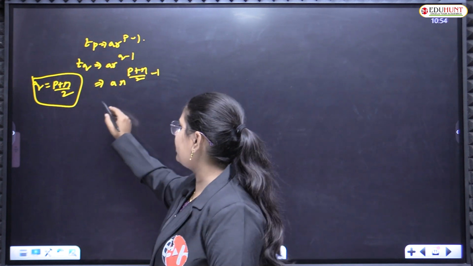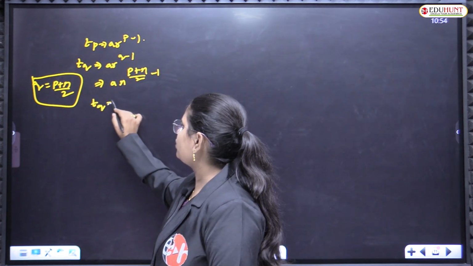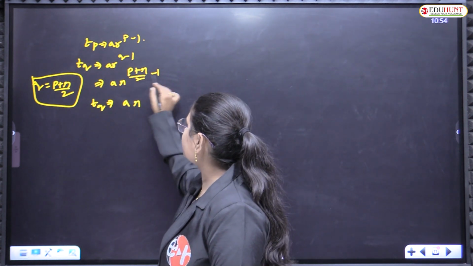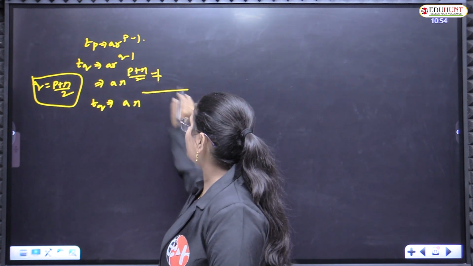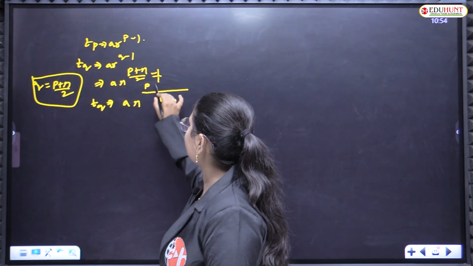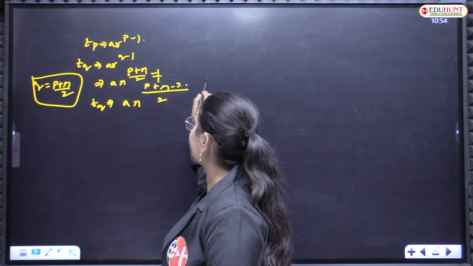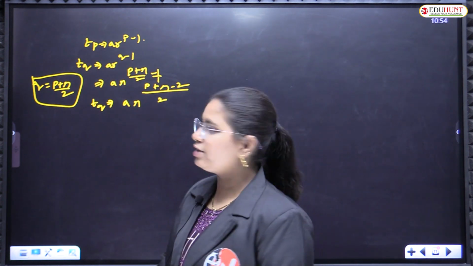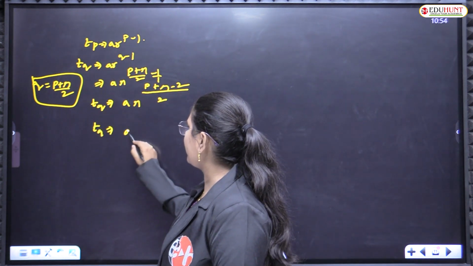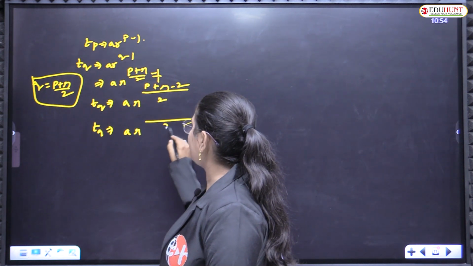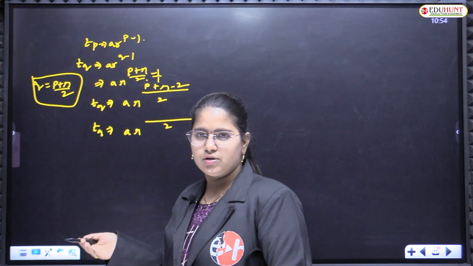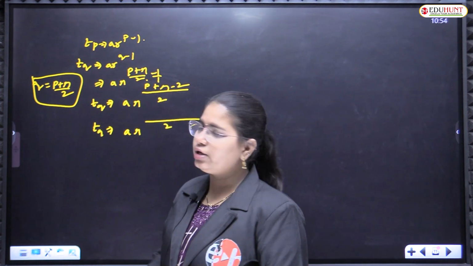Yes. Next, TQ is equal to A R, take out the LCM, 2 and 1, LCM is 2, so we will get P plus R, 2 minus 1 is minus 2, correct? Next, TQ is equal to A into R divided by, in the place of P, can I write 2P minus P? 2P minus P is P only, right?